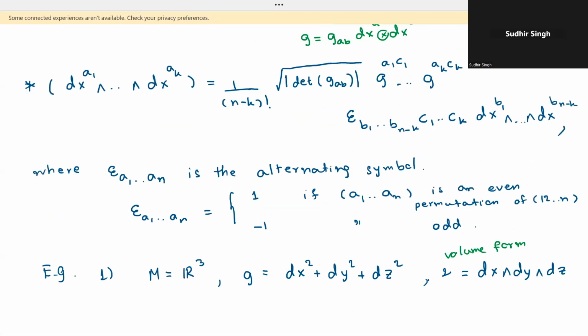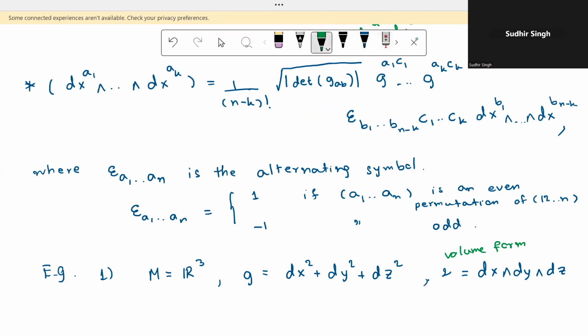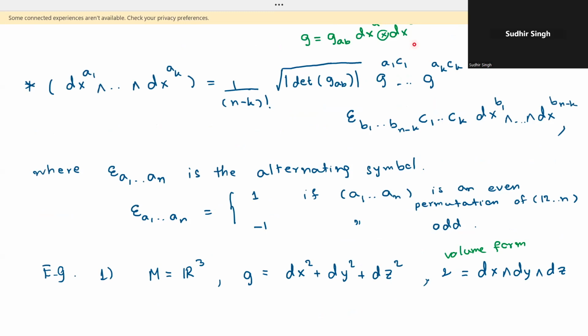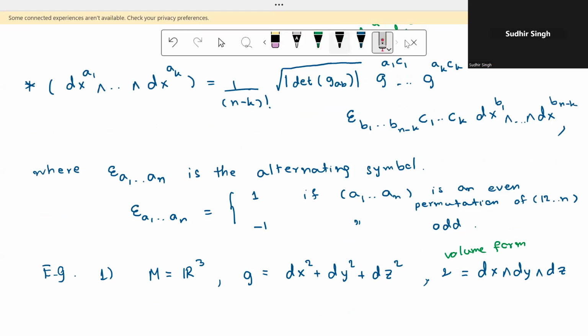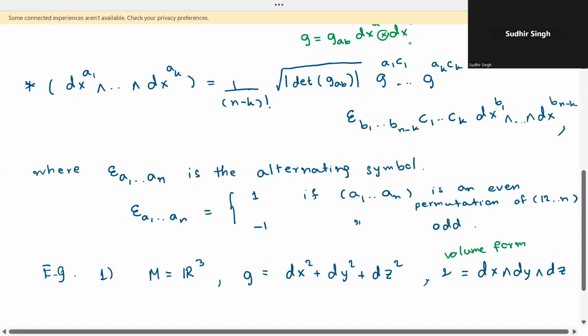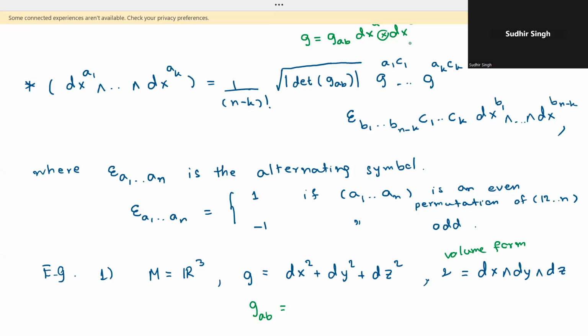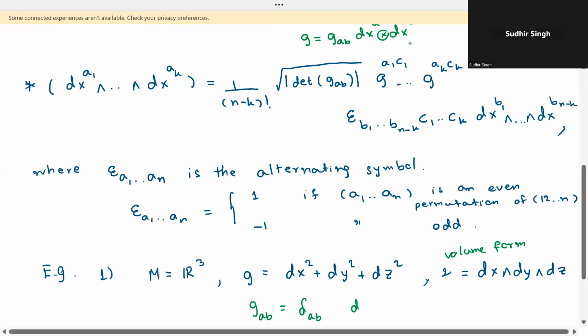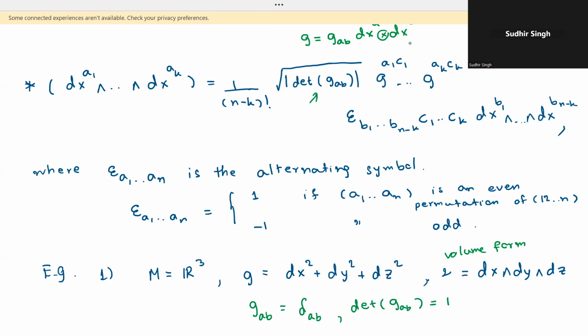With this g, we can use the formula. In this case g_ab is just the identity matrix, and the determinant is just 1.